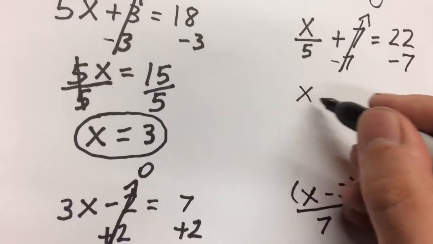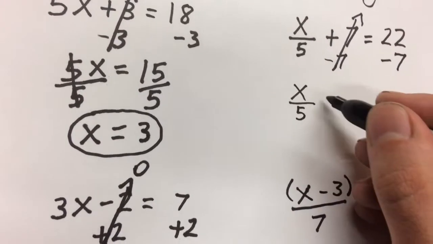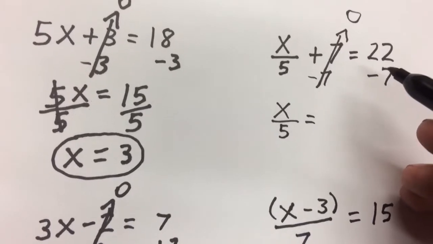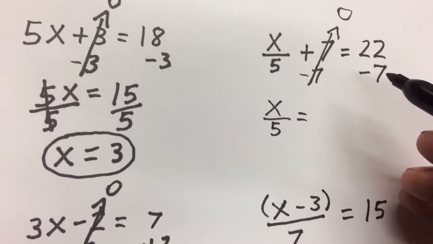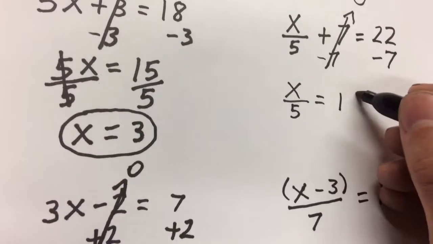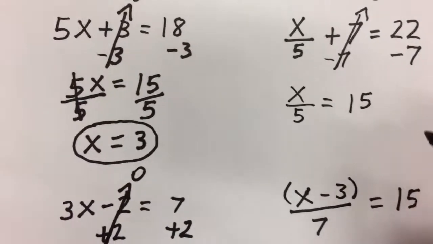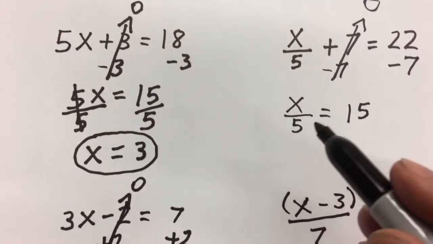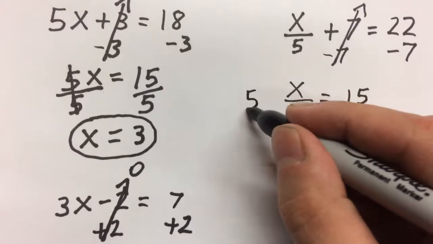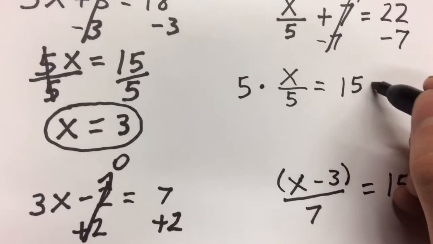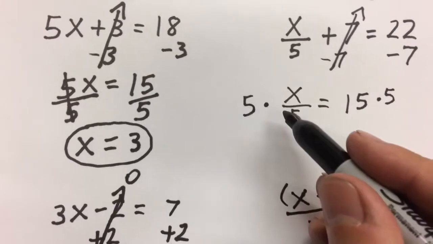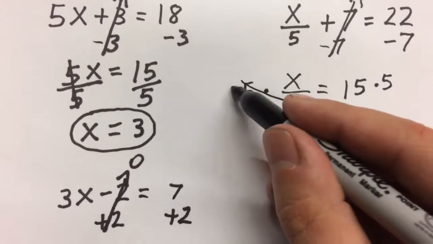So we're left with x divided by 5 is equal to 22 minus 7. 22 minus 7 is equal to 15. x divided by 5 is equal to 15. Well, if we multiply both sides of this equation by 5, then 5 divided by 5 equals 1.